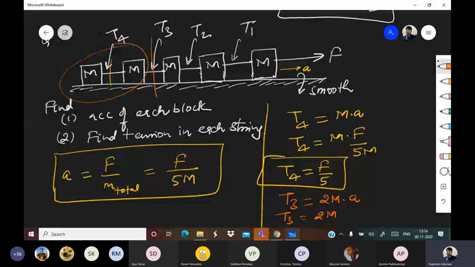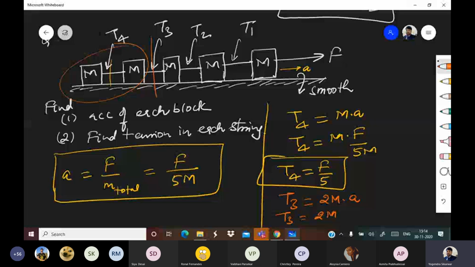Now similarly we can talk about T2. If you are cutting it from here, the last three blocks will not move.